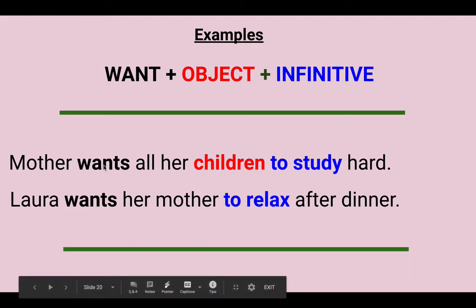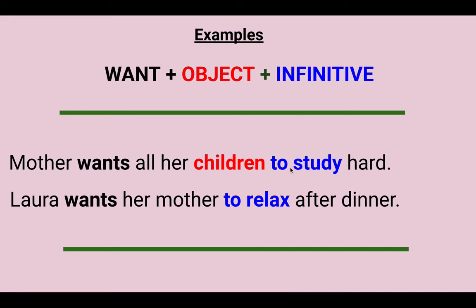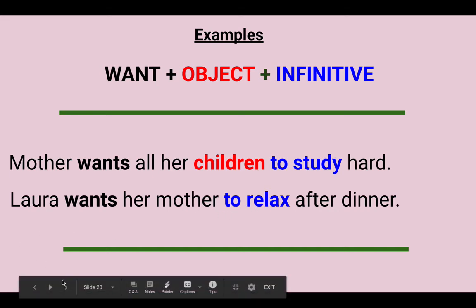Causative verb wants plus object children plus infinitive form of the verb to study. So the mother doesn't want to study hard, but she causes her children to study hard. Again, Laura wants her mother to relax after dinner. Laura doesn't want to relax, but she causes her mother to relax. And again, the form is the causative verb wants plus the object mother and the infinitive form to relax.